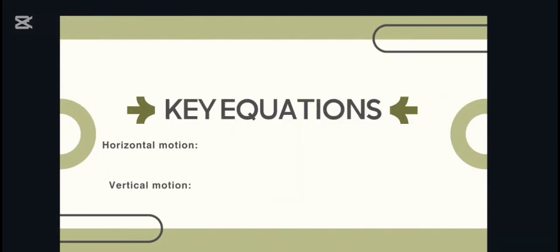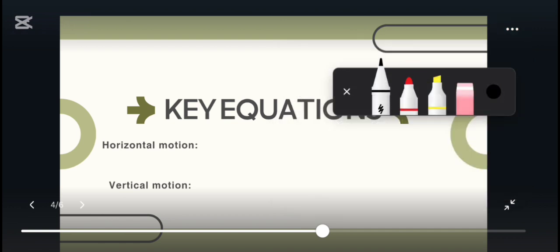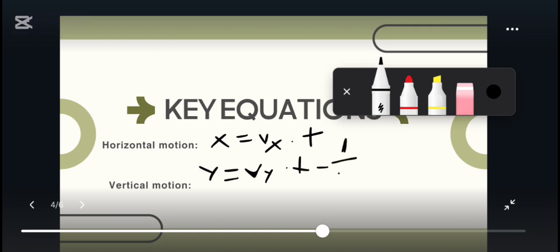There are some key equations in projectile motion. These two equations are: for horizontal motion, x equals horizontal velocity times time, and for vertical motion, y equals vertical velocity in the y-axis times time minus 1/2 times gravity times time squared.